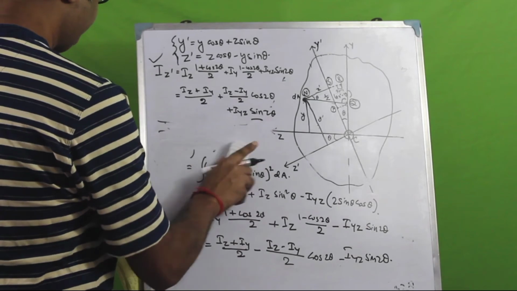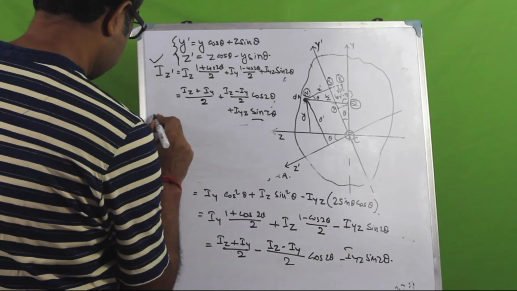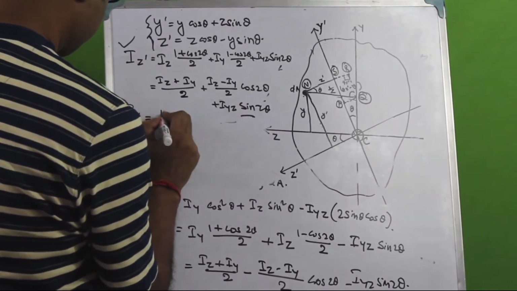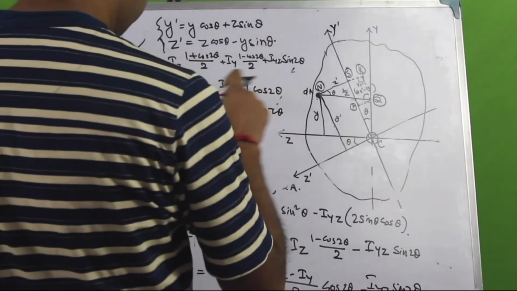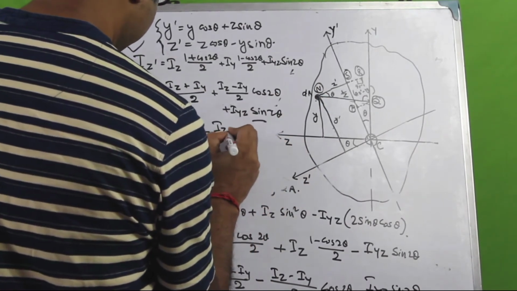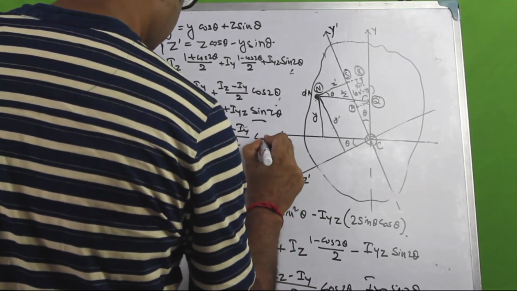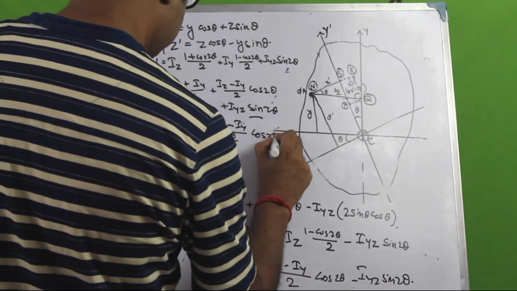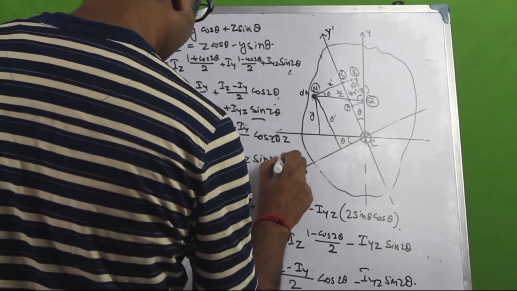So Iy dash thus would be equal to (Iz plus Iy) by 2, in this case plus (Iz minus Iy) by 2 cos 2 theta, and minus Iyz sin 2 theta.